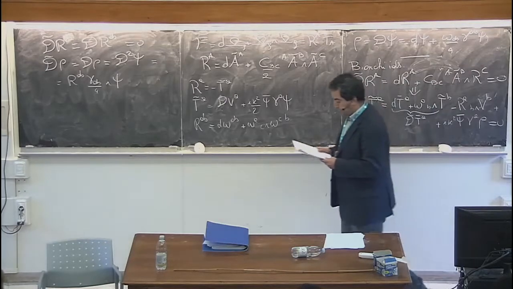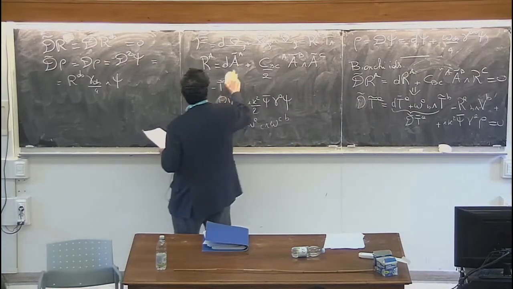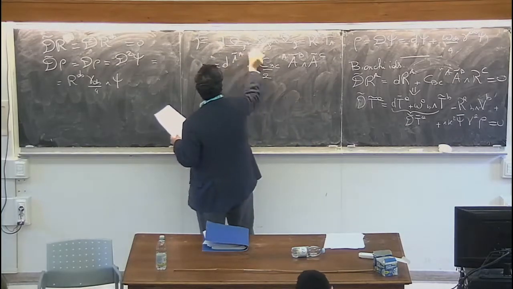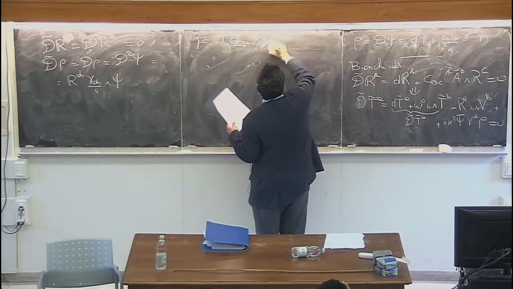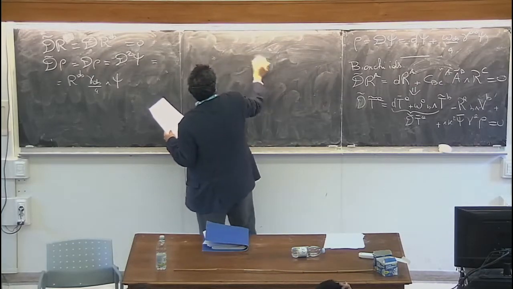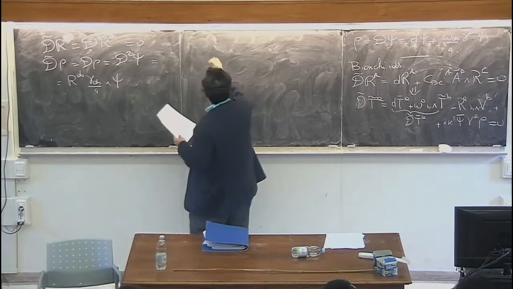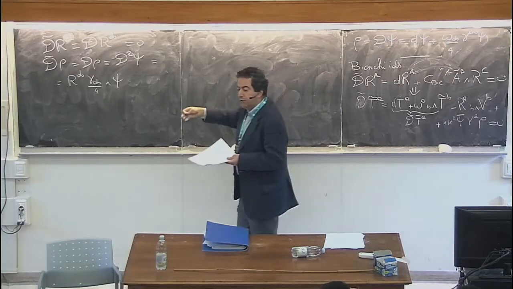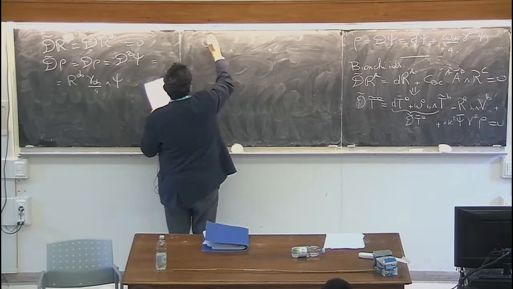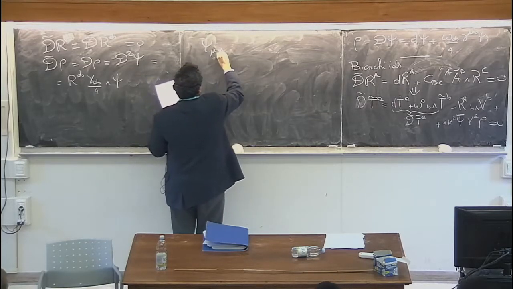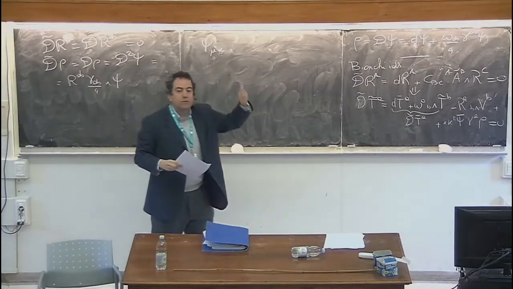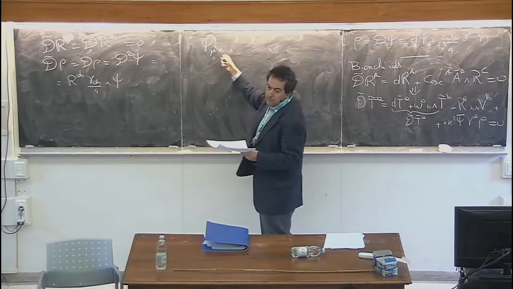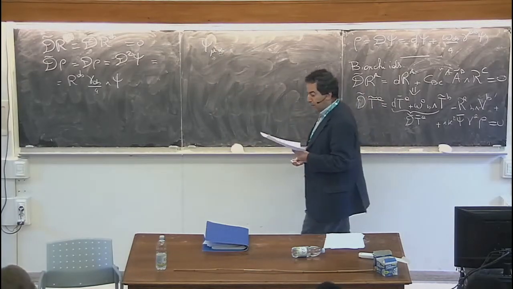Apart from the form index mu, psi has the same quantum numbers as the corresponding supersymmetry generator. So psi has a mu and an index alpha, where alpha runs from 1 to 4, and so labels the spinorial representation of the Lorentz group.